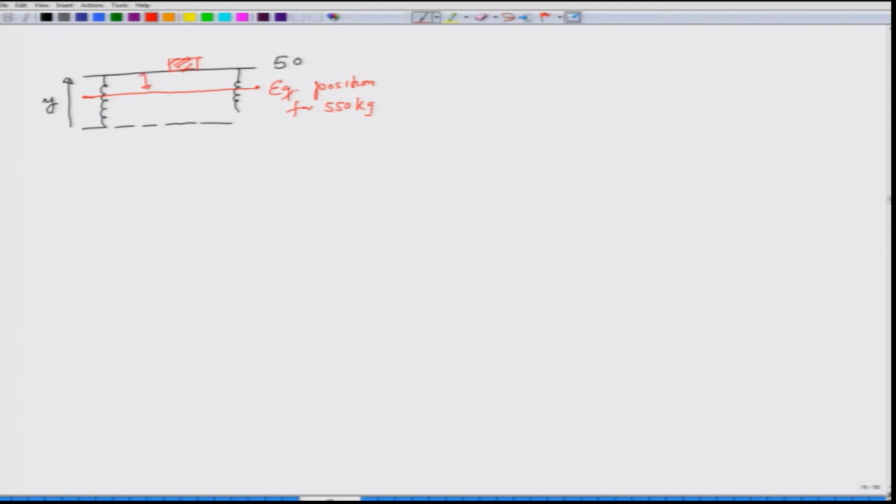So, this distance is where this entire mass equal to 550 kg system is initially. So, y at 0 is this distance, y at 0, which is going to be equal to 550 times 10 mg divided by k, 5000, minus 50 times 10 over 5000. So, this comes out to be 50 times 10 over 5000 times 11 minus 1.